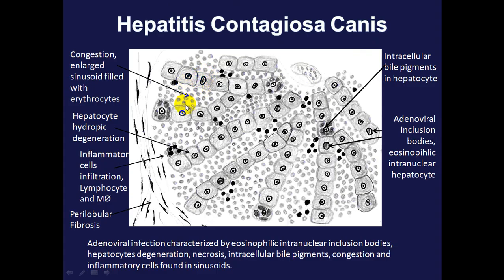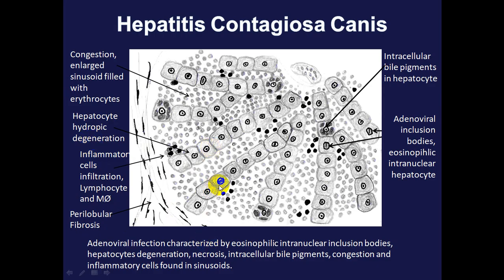In the congestions, the sinusoid will be wider and filled with erythrocytes, and then there are also some inflammatory cells in the sinusoids, in particular lymphocytes and macrophages, and then the hepatocytes have very small vacuoles, okay, which indicate the hydropic degenerations.